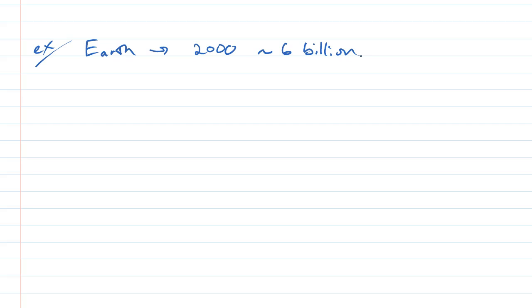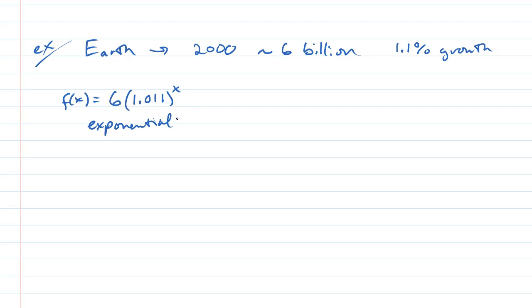We know that the growth rate of the Earth is about 1.1% growth. So in our model here, we can write f of x equals, we're going to do this in billions, so I'm just going to write 6, and for a growth rate, it'd be 1.011 to the x power. Now, that will work, assuming that the Earth could just grow forever and ever. This is simply an exponential model, and it's assuming that there's no capacity.